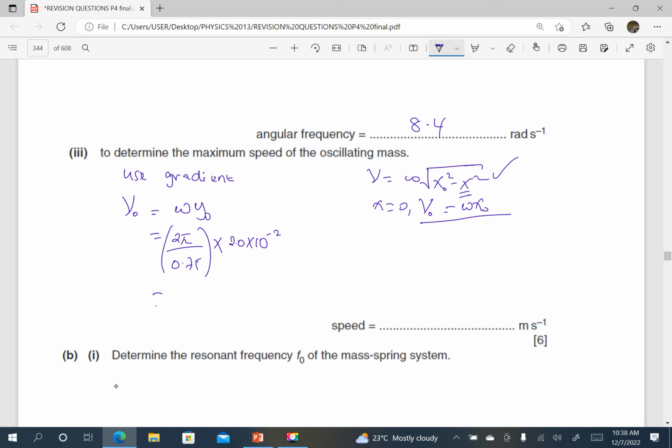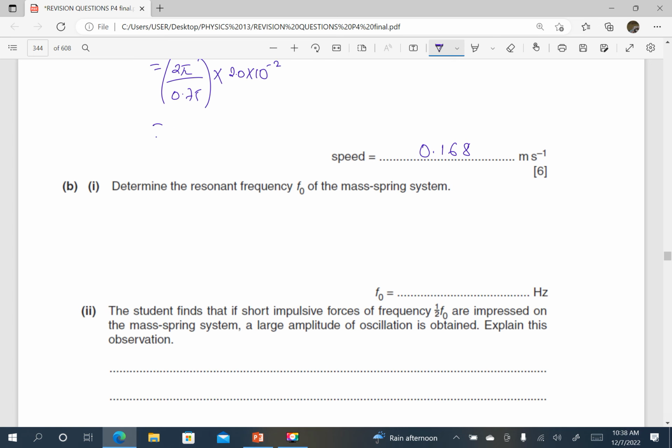So from my calculator, I'm getting this one as 0.168 meters per second.